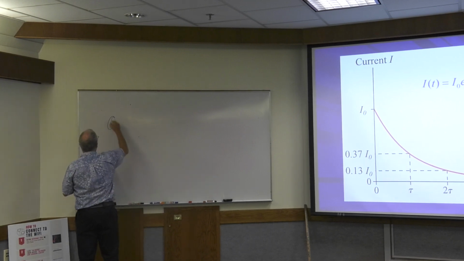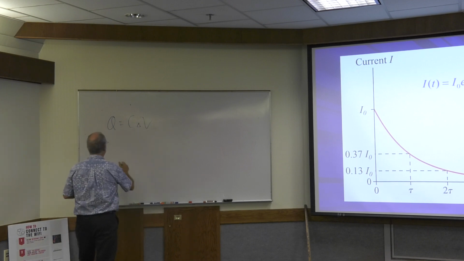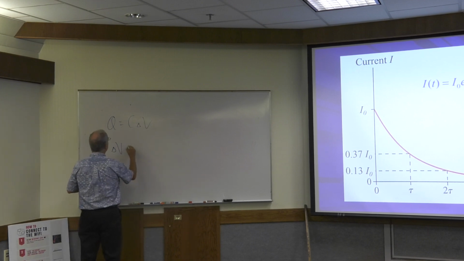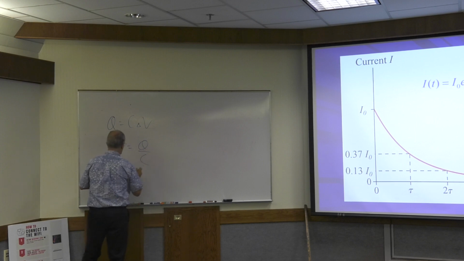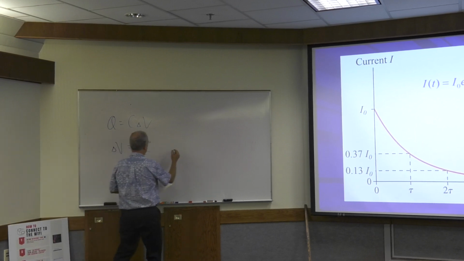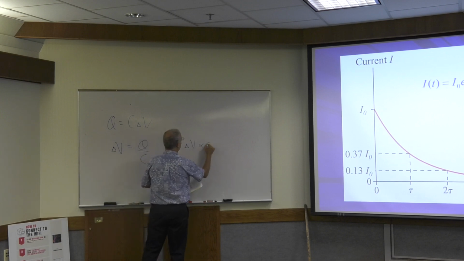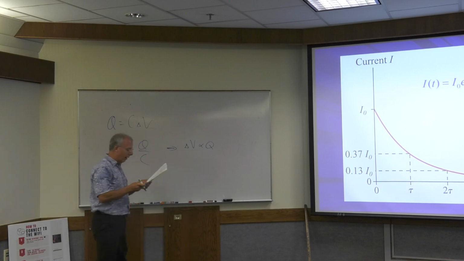So Q equals C delta V, no kidding. And so therefore, delta V equals Q over C, right? So in other words, the delta V is proportional to the Q. No kidding, right?